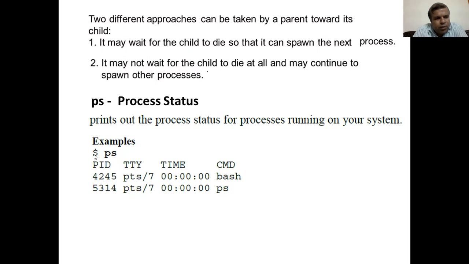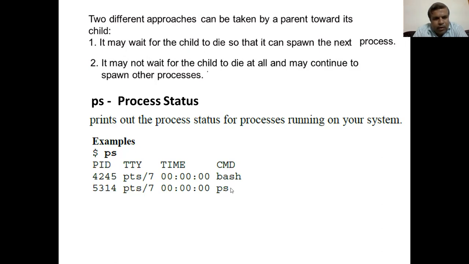Just go to the $ prompt and type ps and then enter. So what is the output? The output shows a header specifying the PID, the process ID, the terminal, the time the process has been running, and the command name or the process name.